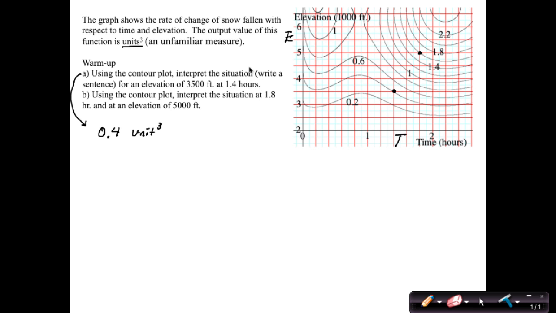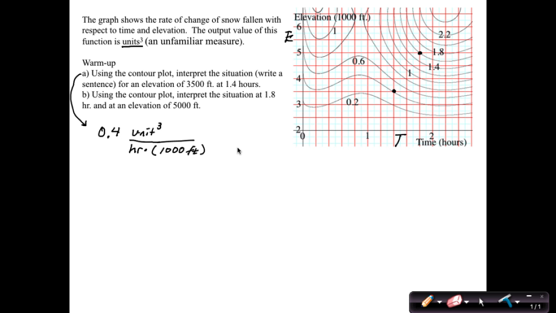Okay, so the volume is units cubed. So what would this rate function's volume unit be? Units cubed per hour, per 1,000 feet. So that's what the units on the 0.4 are.